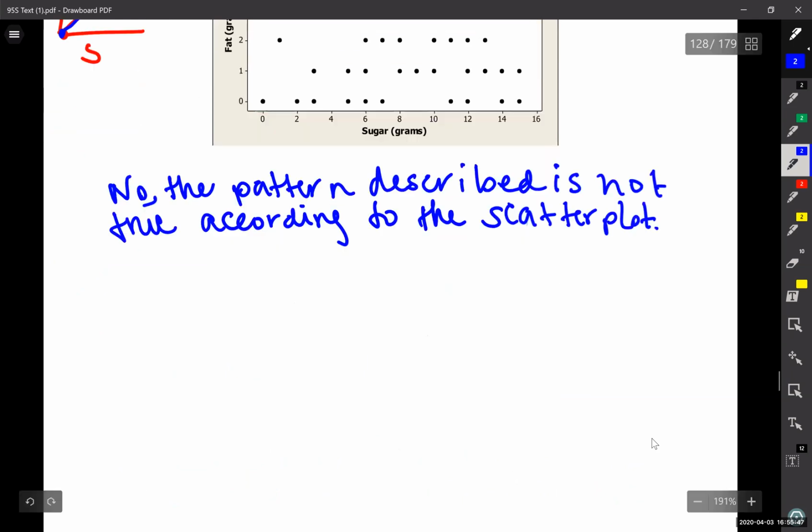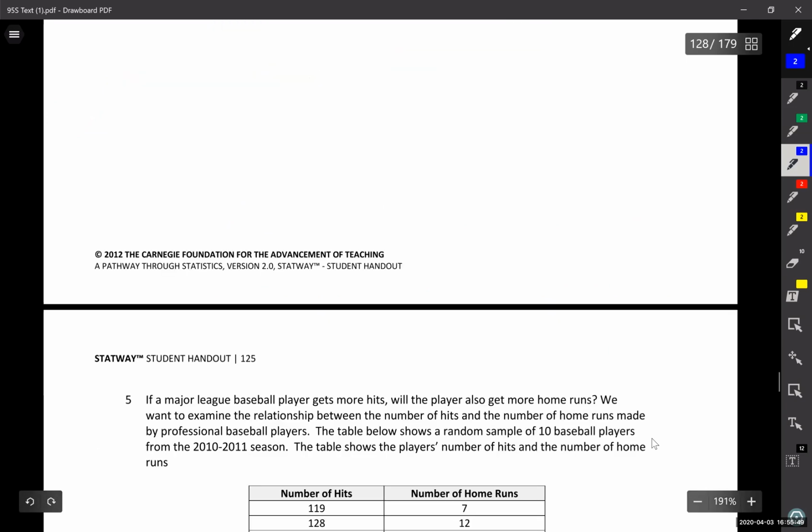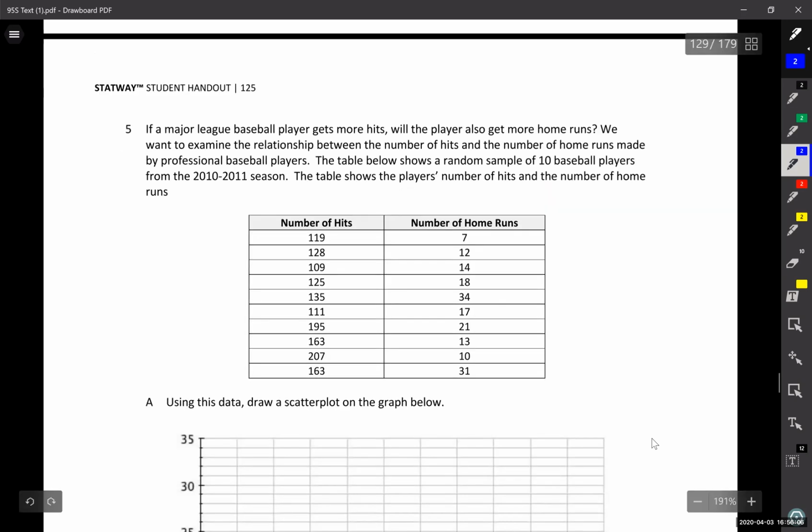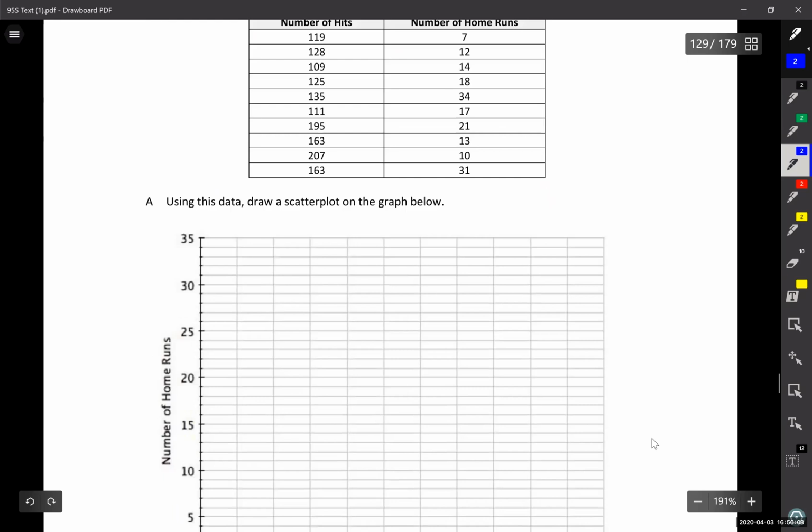All right, next up we have: if a Major League Baseball player gets more hits, will the player also get more home runs? So we have a table listing the number of hits versus the number of home runs. First up, we're going to draw this scatter plot.